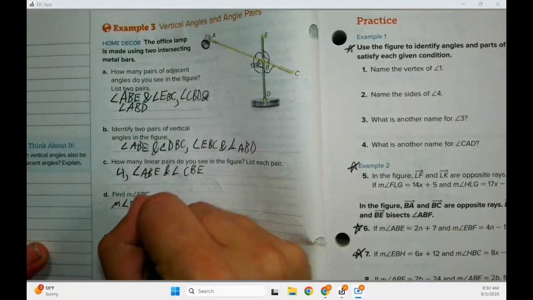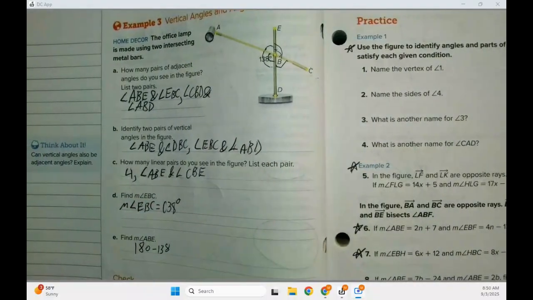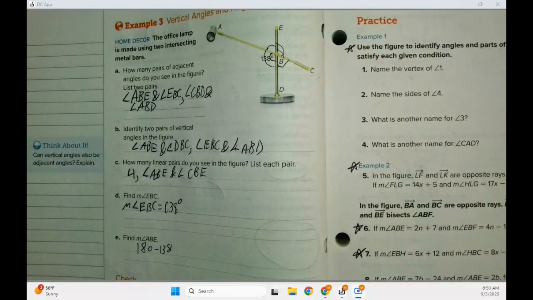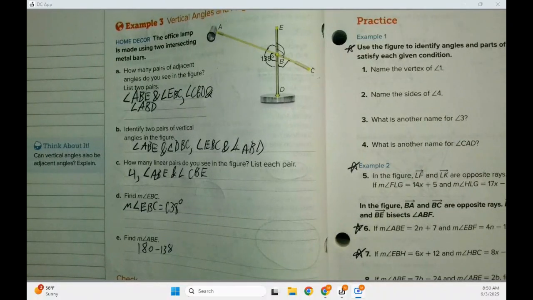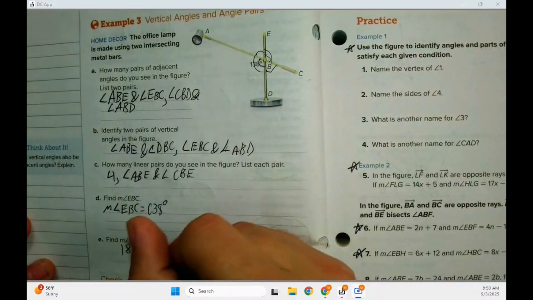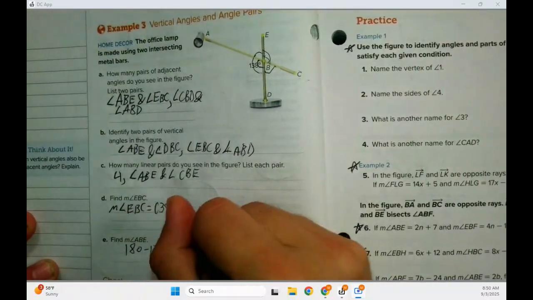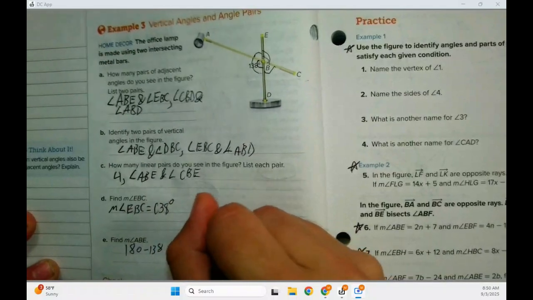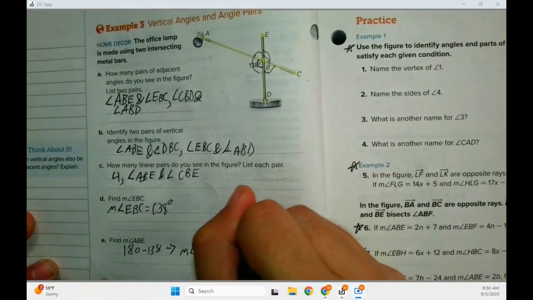Exactly. We know that it's a linear pair, right? We have a linear pair, there's adjacent angles that add to 180. And one of those pieces is 138. So we're going to take 180 minus that 138, and that gives us the missing piece, right? So the measure of angle ABE is 42 degrees.